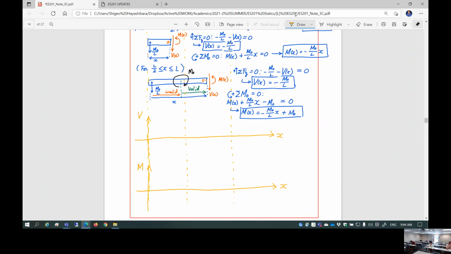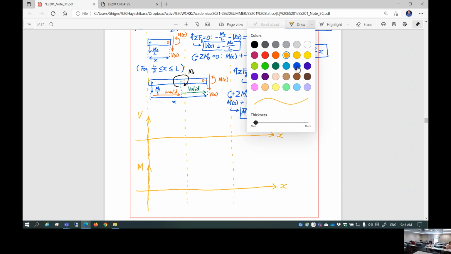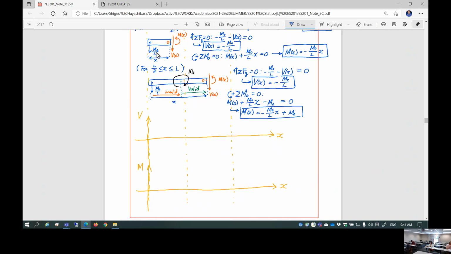Shear is easy, right? Starting from here, M0 over L, this is a support reaction. So this is basically starting from 0. The support reaction is going to create the jump of this much shear. So the value here is negative M0 over L, and then it looks like all the way constant.